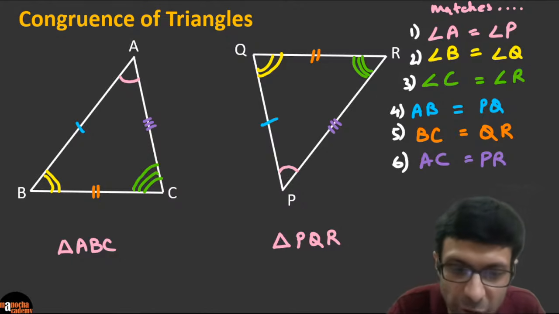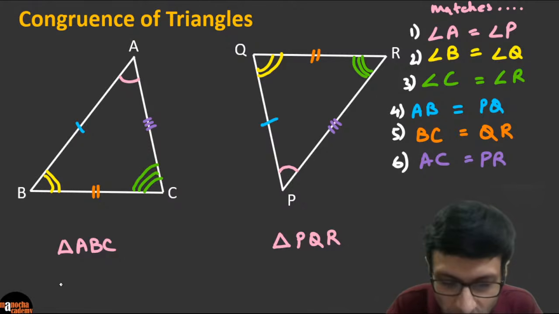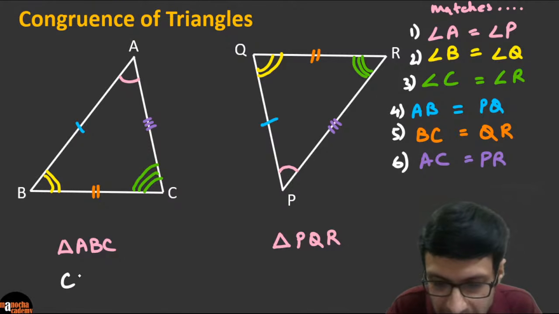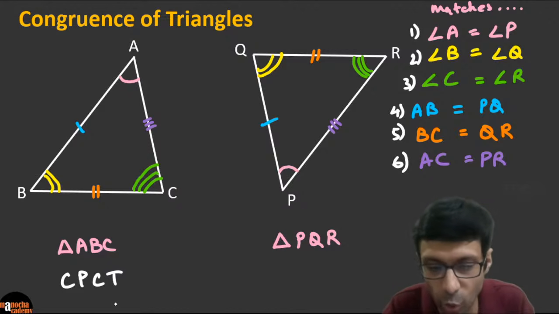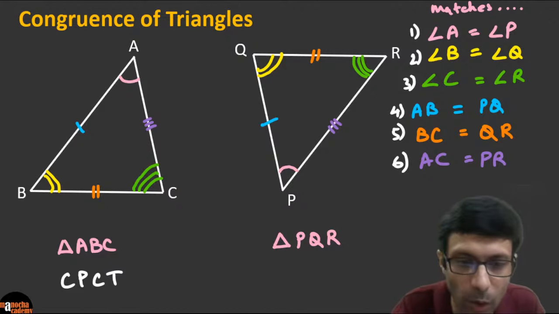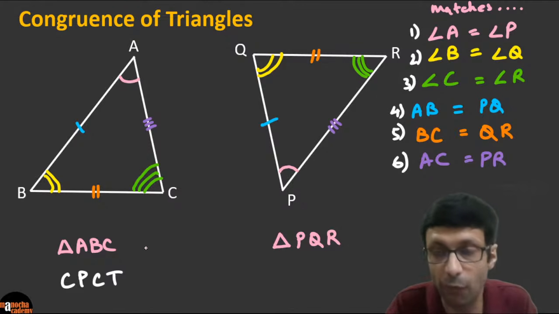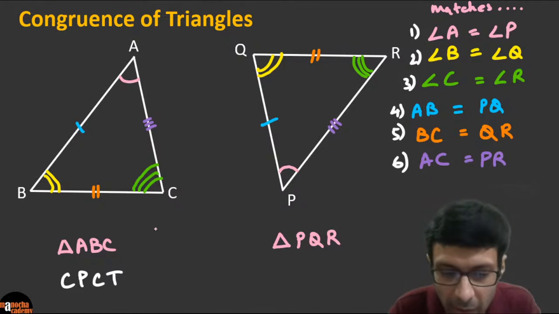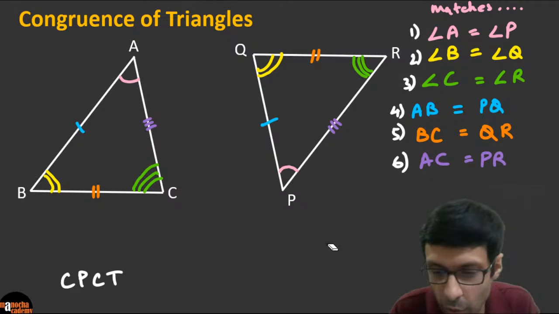Excellent, guys, you already said this. So this is called CPCT, because these 2 triangles, ABC and PQR, are congruent. One very important thing, please write it in the order here. How do we write it?